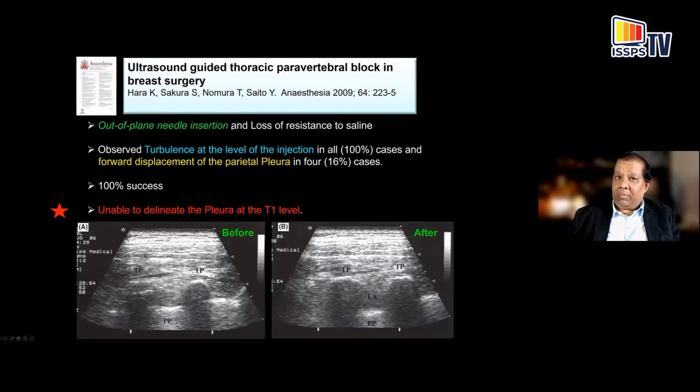They performed an out-of-plane injection. Turbulence of injectate was localized retropleurally, and anterior displacement of the parietal pleura was first described in this paper. However, it is important to note here that they were unable to delineate the pleura at the T1 level. We will come to that later on.